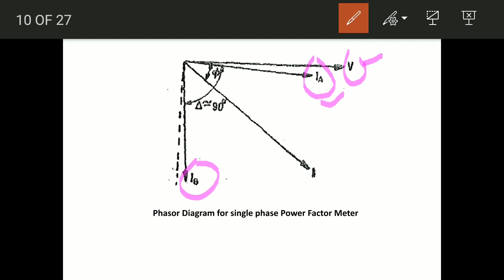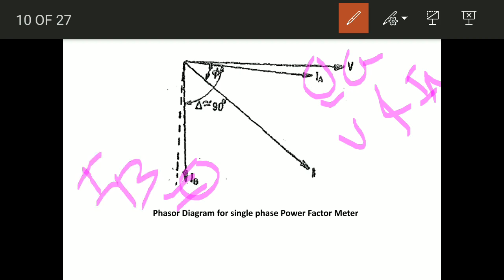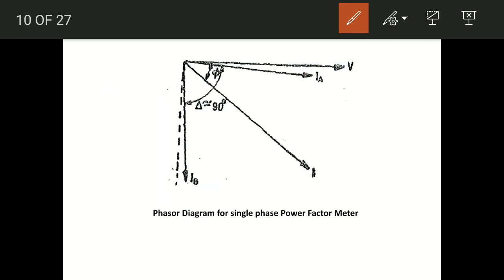So if you neglect the inductive reactance of coil A, I can say that V and IA are exactly in phase with each other, and if you neglect the resistance portion of coil B, we can say that the current flowing through coil B, that is IB, lags the supply voltage by exactly an angle of 90 degrees, and this indicates the current flowing through the circuit. Now ultimately our objective is to determine the value of power factor by using this arrangement.